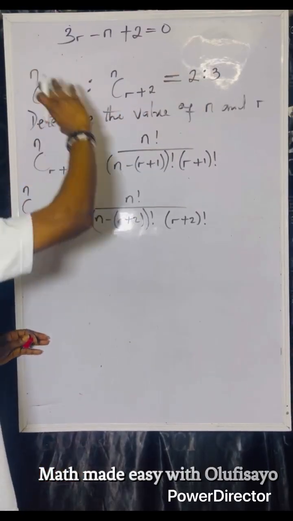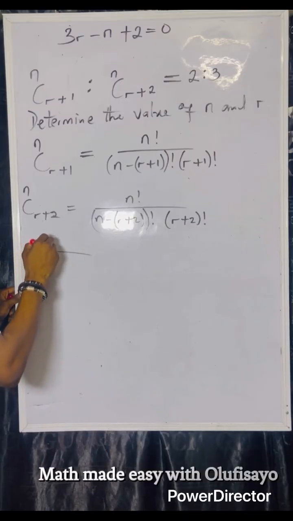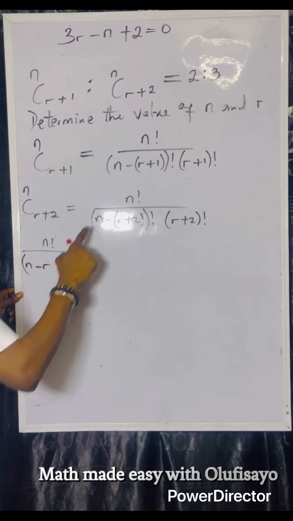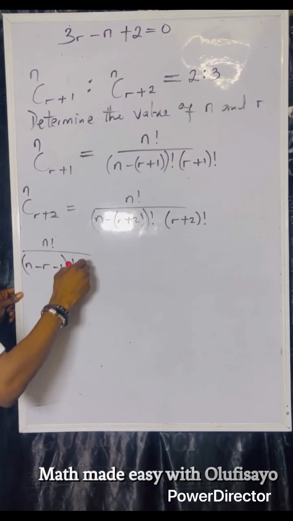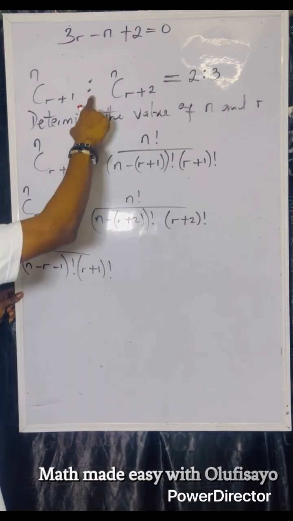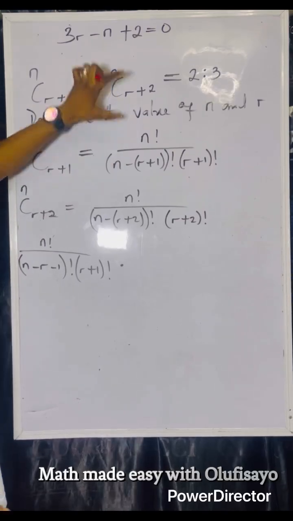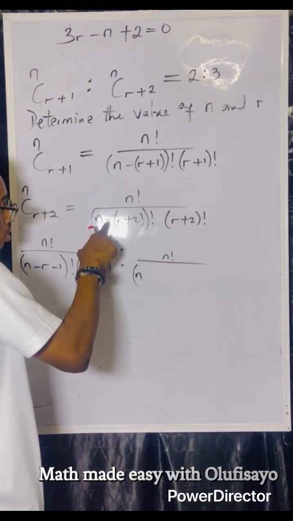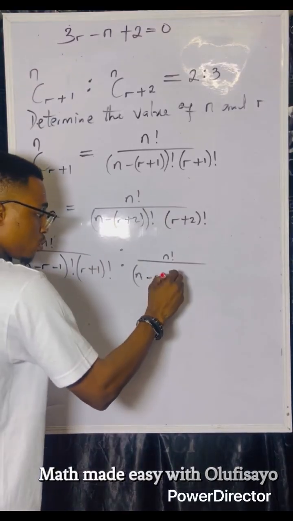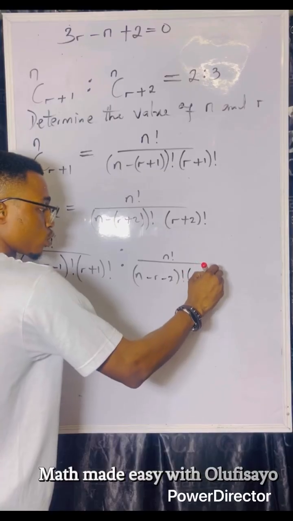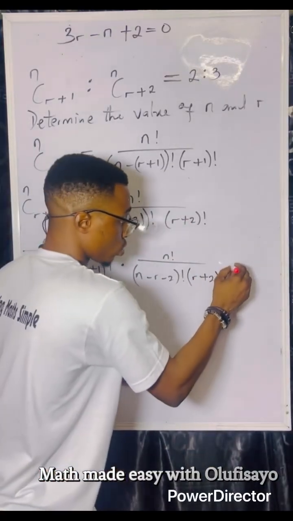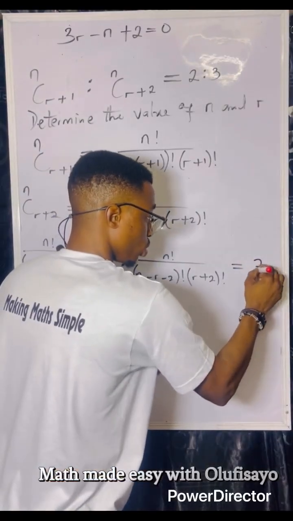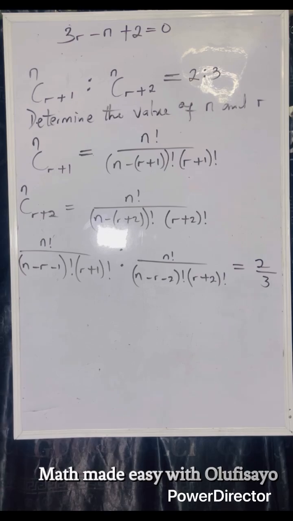So this will give us n! over (n - r - 1)! (r + 1)! ratio n! over (n - r - 2)! (r + 2)! equals 2 ratio 3. 2 ratio 3 simply means 2 over 3. Now, what can we do here?